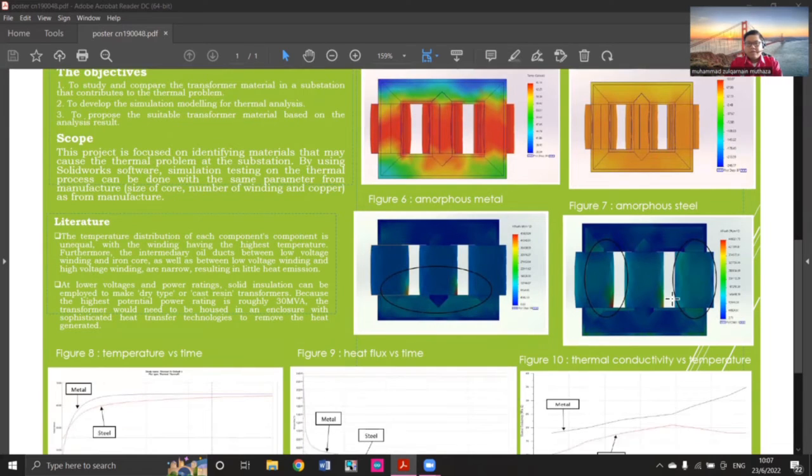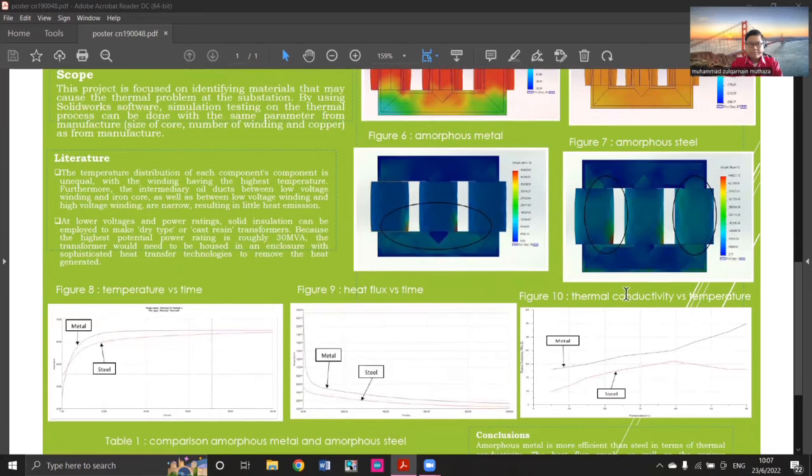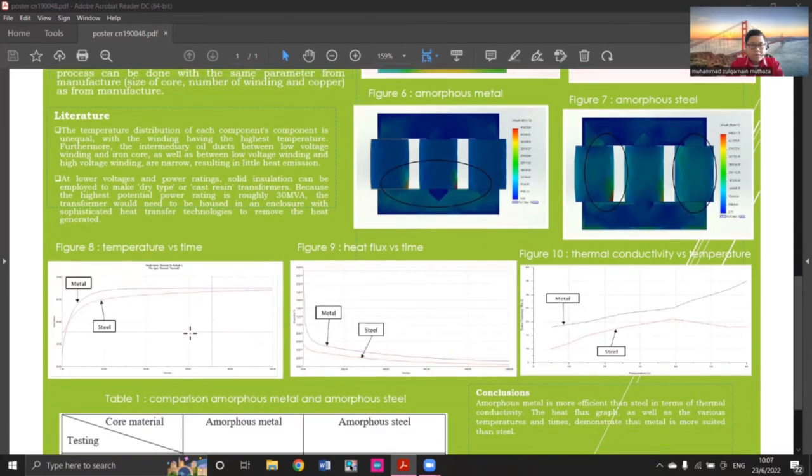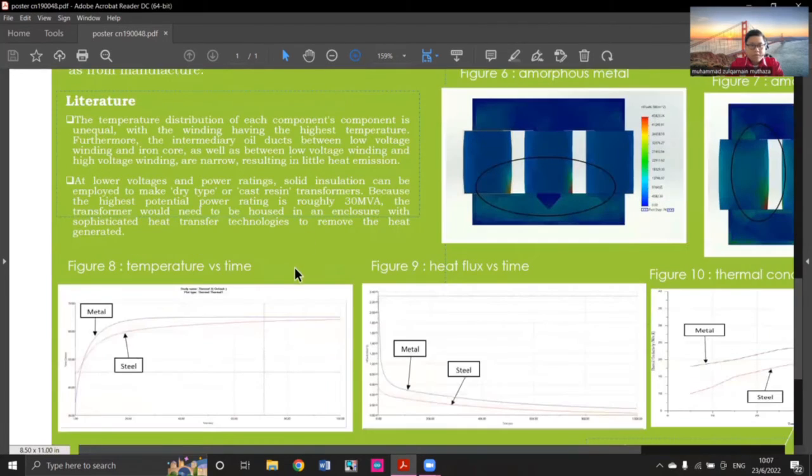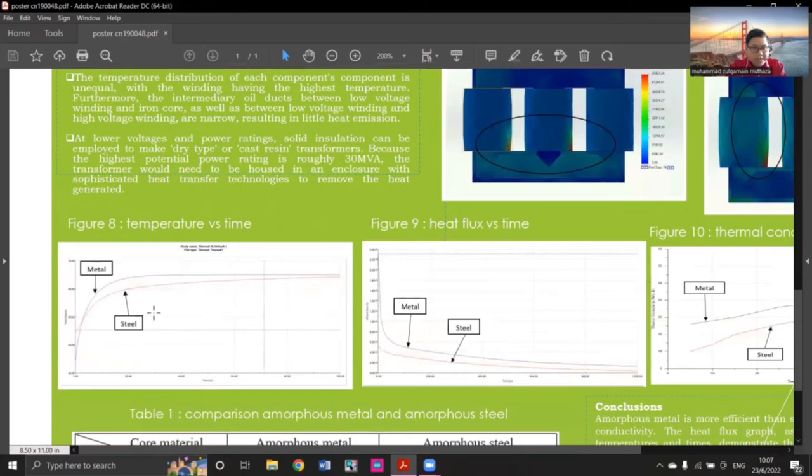So, as for the results on the picture, we can go through the graph. Okay, for the temperature graph, we can see the blue line is the metal and the red line is the steel.